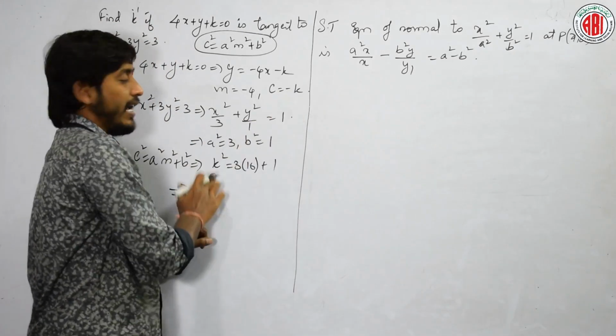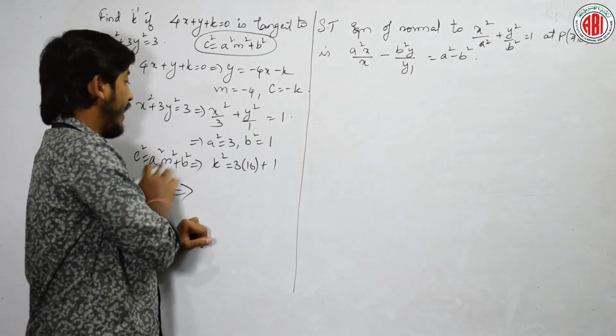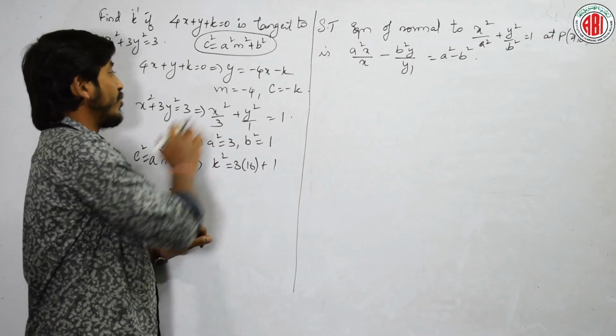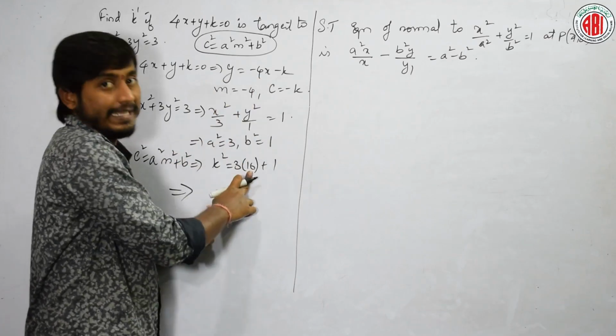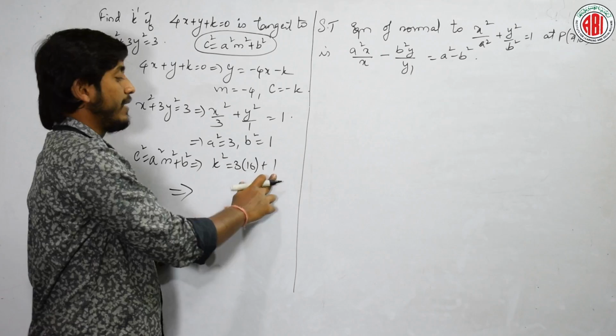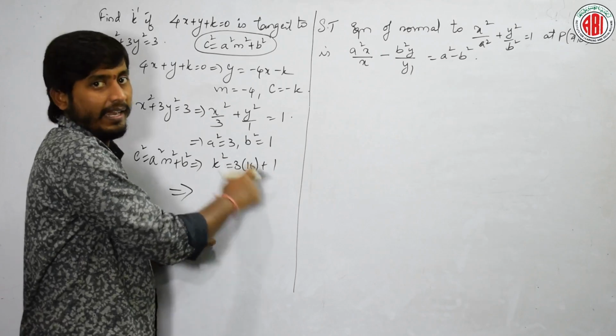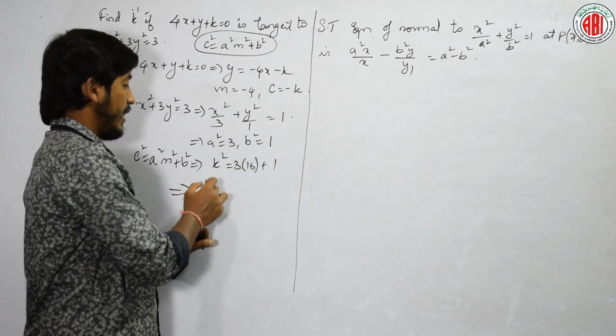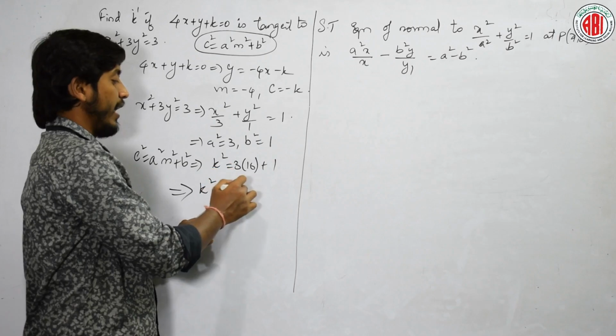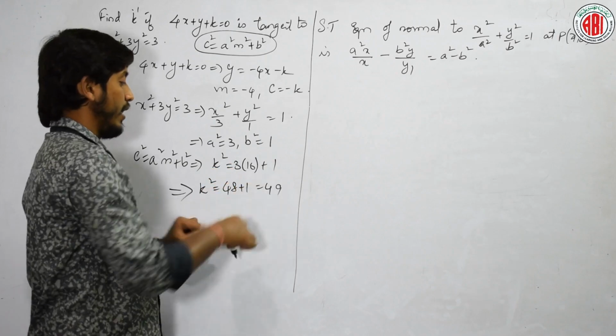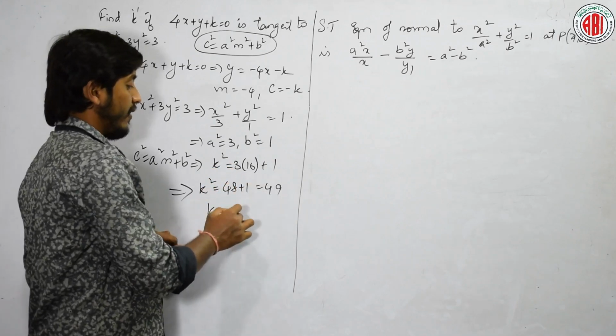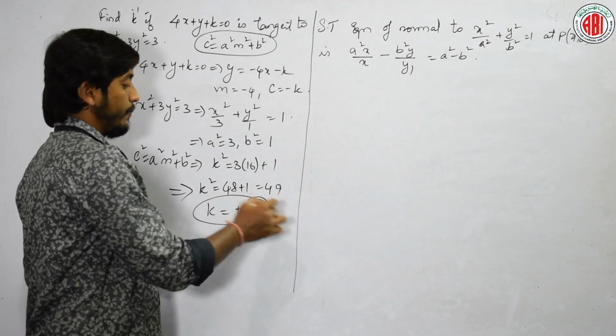Minus k, so c square is plus k square, a square is 3, m square is minus 4 squared, which is 16, plus b square is 1, right. So, obviously, k square is equal to 16 times 3, which is 48, plus 1, this is 49. So, the value of k will be plus or minus 7.